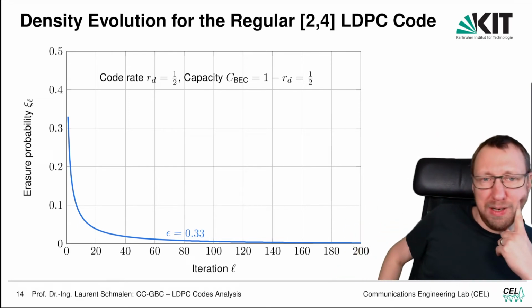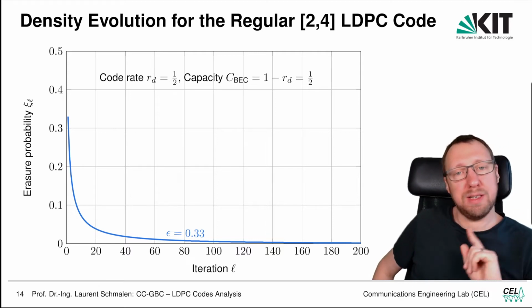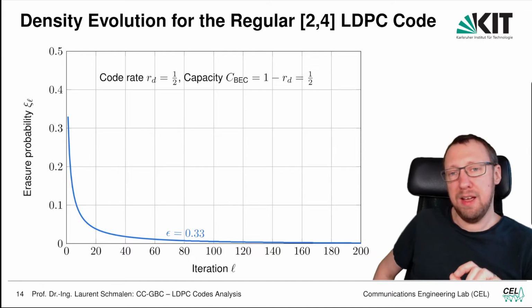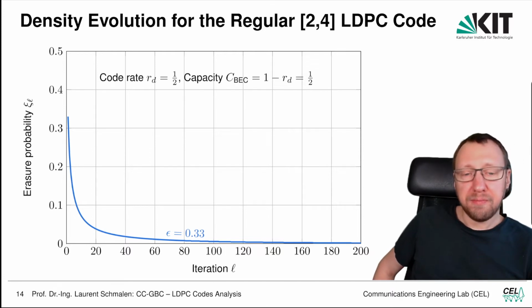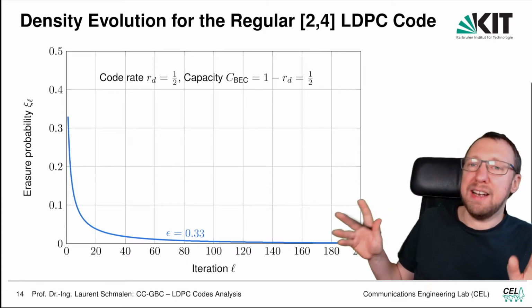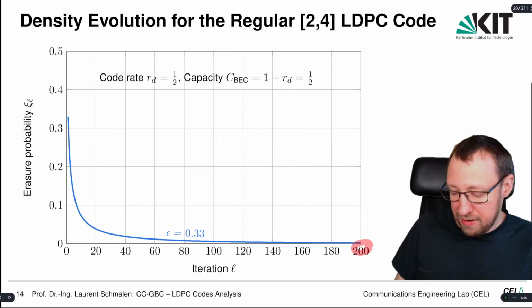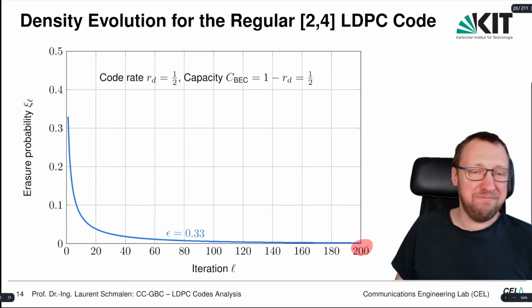Well, wait a little bit. We saw that we cannot construct codes without cycles that have variable node degree, minimum distance larger than 2. So they don't exist. That's true. What we do here is we construct a code that has cycles that are so long that they will not matter until iteration 200.